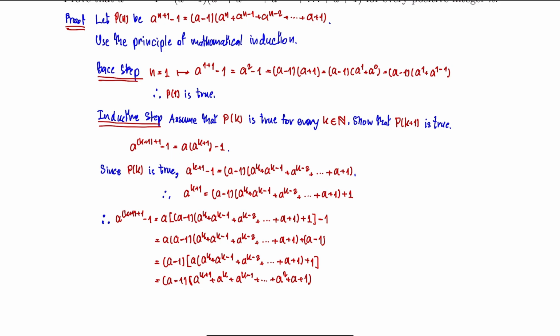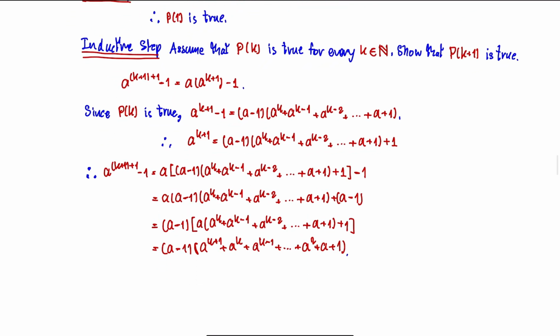So we have shown that P(k plus 1) is true. P(k plus 1) is now true. So once it's true, what do we have? We have proved the inductive step.